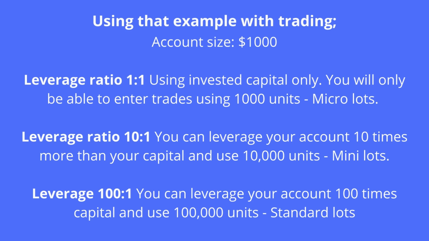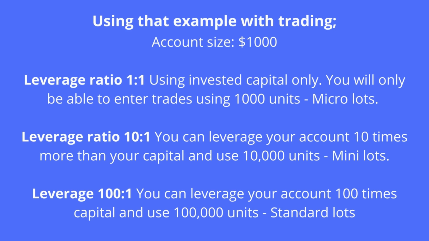Remember that housing example. You're basically trading with only the money that you've invested, and because of this, you will only be able to enter trades using micro lots. Micro lots are 1,000 units, which is 0.01 lot size.